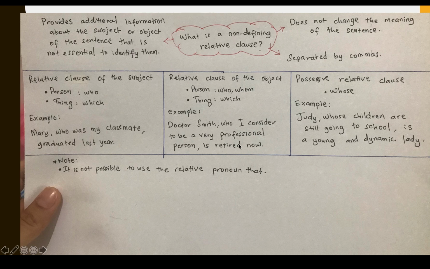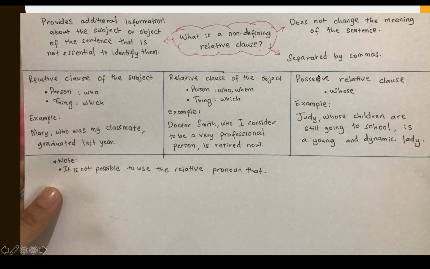We can still understand the meaning of the sentence, but here we put the additional information about Dr. Smith, who I consider to be a very professional person. And look at the sentence. There are commas in the sentence, so that is one of the ways you can identify if the sentence is a defining or non-defining relative clause.